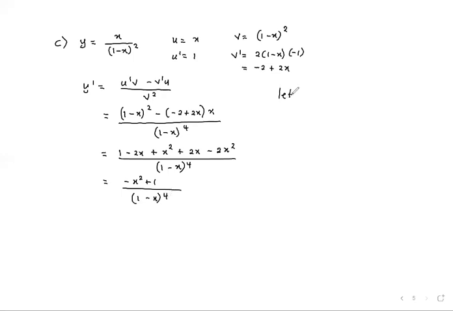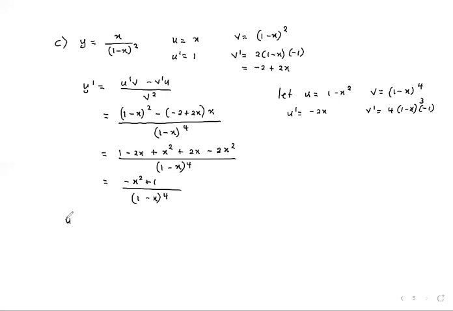Here, we let u be 1 minus x squared, v be 1 minus x to the power 4. u prime, negative 2x. v prime, 4 times 1 minus x to the power 3 multiplied by negative 1.